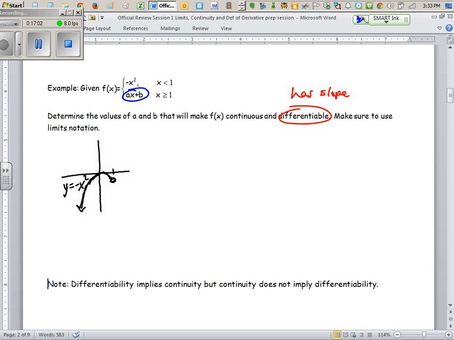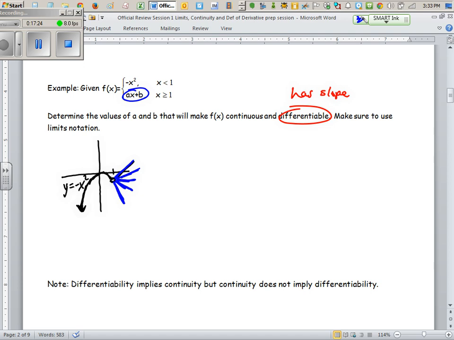What kind of shape is that? That's a line. What's the slope of ax plus b? We don't know. We don't know the slope, nor do we know the y-intercept. So is it this line? Is it this line? Is it this line?